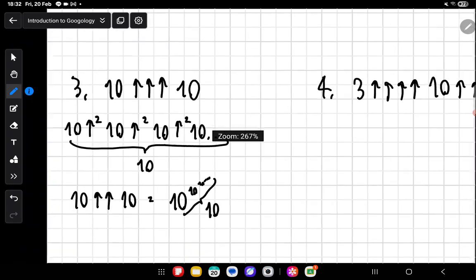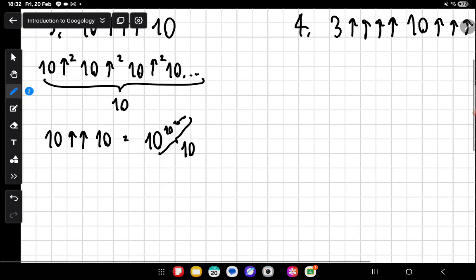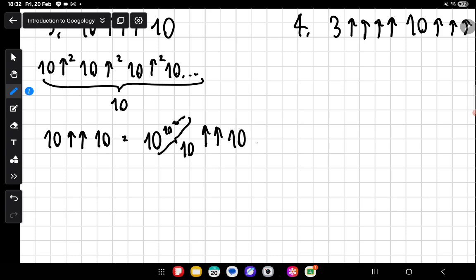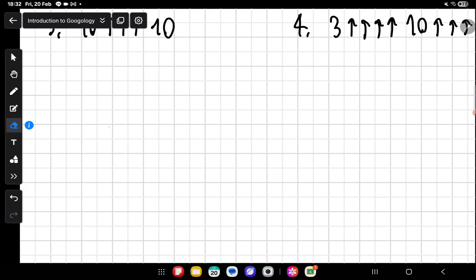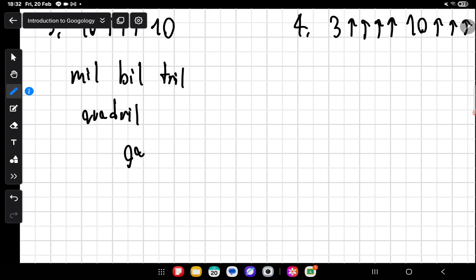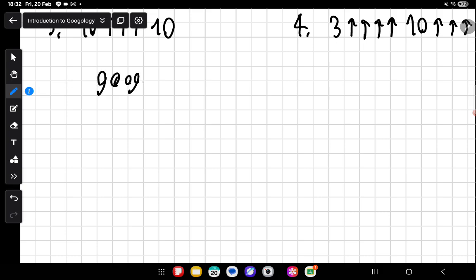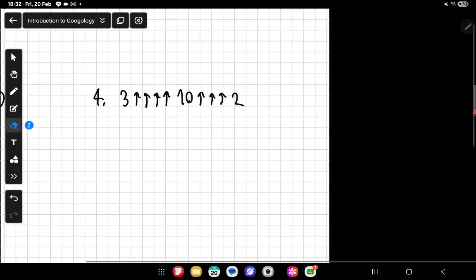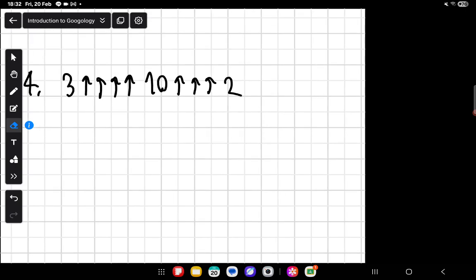Now, from this point on, you need to double arrow this by 10, and so on. And that number is really large already, compared to numbers that you might already know, such as a million, billion, trillion, quadrillion, I don't know, gazillion. I don't think that's a real one though. Or a googolplex. No. 10 triple arrow 10 just outnumbers all of them. According to the calculations that I did.